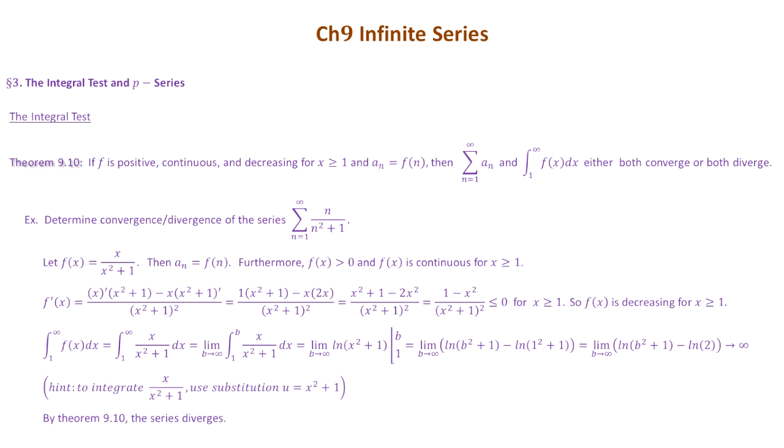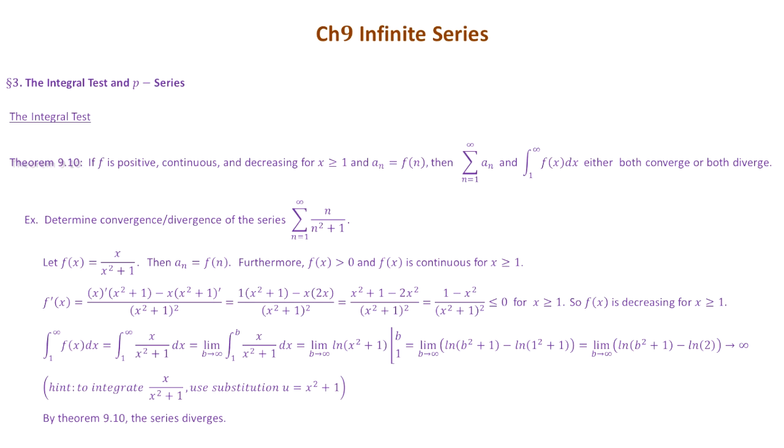So there's a connection between the sequence and the function. If you draw the graph of the function f and pick out those points on the curve to make a sequence, and then you add up all those numbers in the sequence, you get a series of a sub n.